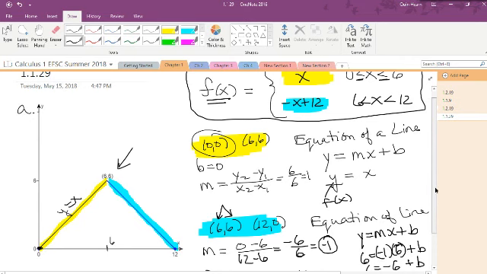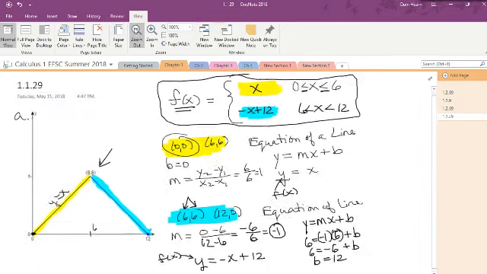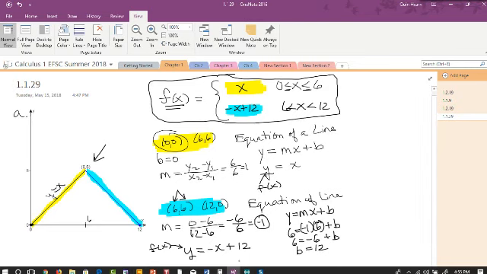Okay, any questions about any part of that? All right, there was a part B as well, so go ahead and type your question in if you have one.